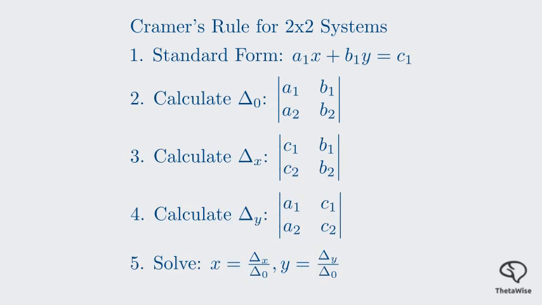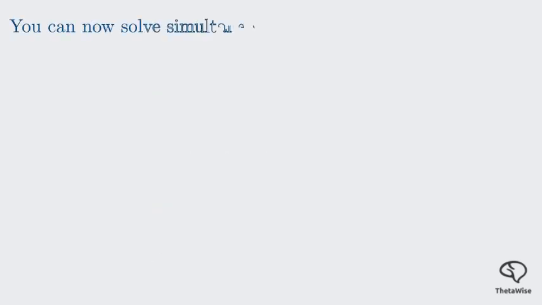We also saw how interchanging variable columns can affect the determinants, but crucially, it does not change the final answer. This reinforces the principle that Cramer's rule provides a unique solution regardless of how the problem is presented, as long as the underlying system of equations is the same. By mastering these steps, you can confidently solve 2-variable linear systems using determinants.